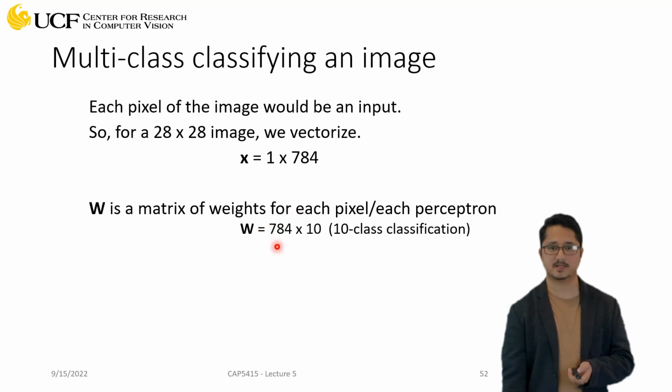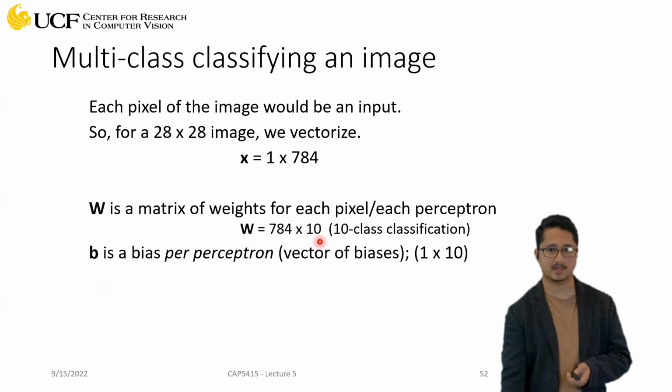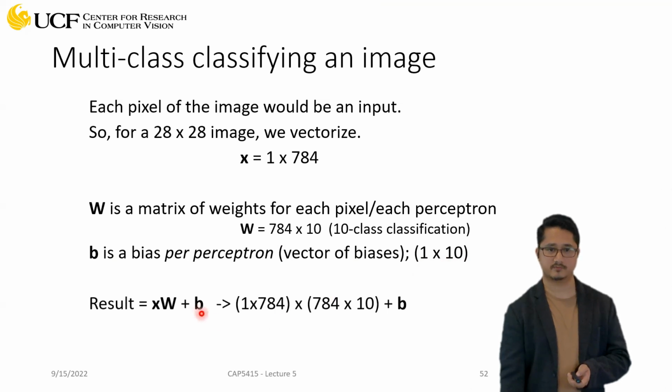So again, you can represent that as a matrix. And again, for each perceptron, you will have a bias. So in this case, you have 10 perceptrons that will give you 10 different biases. So bias, again, you can represent as a vector 1 cross 10. And your equation will not change.